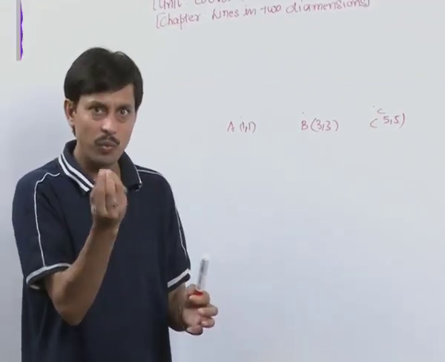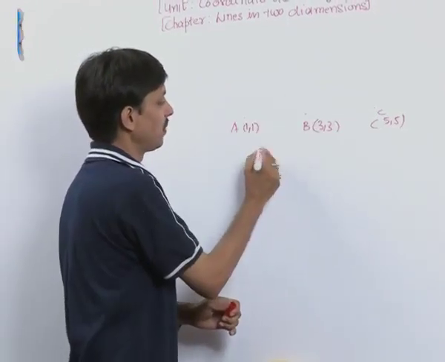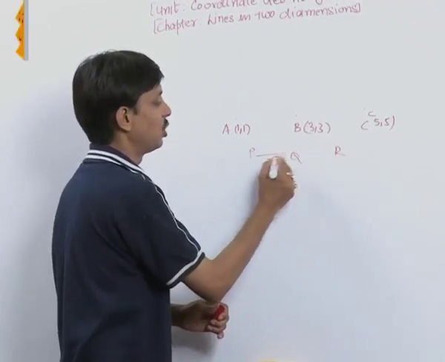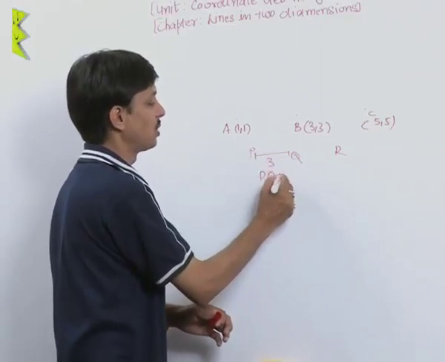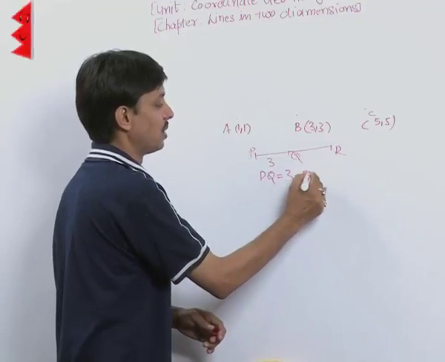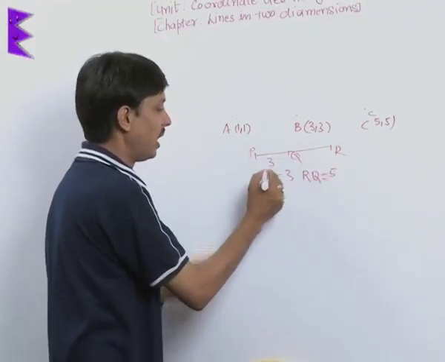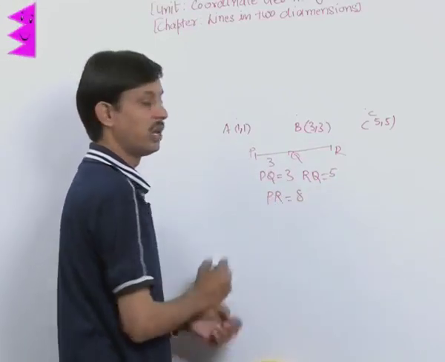If I take one very different example, suppose this is the point P, this point is Q, this point is R, this distance is 3 units. Suppose somebody says the distance between PQ is 3 units, distance between Q and R, suppose RQ distance is 5, and one has told you the total distance PR is 8 units.